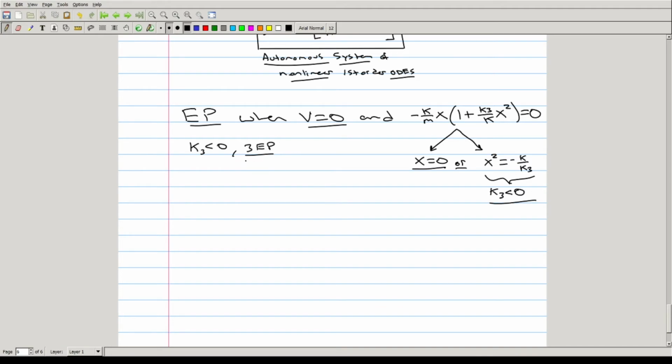The equilibrium points are 0, 0, negative square root of the absolute value of k over k3, comma 0, and positive square root, but when k3 is greater than 0, we only have one equilibrium point.